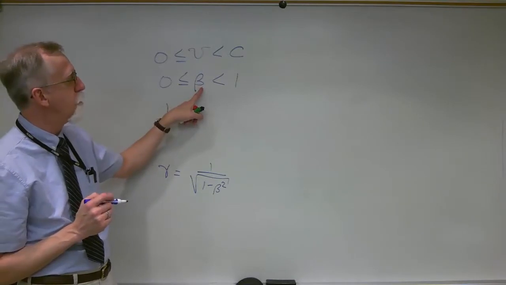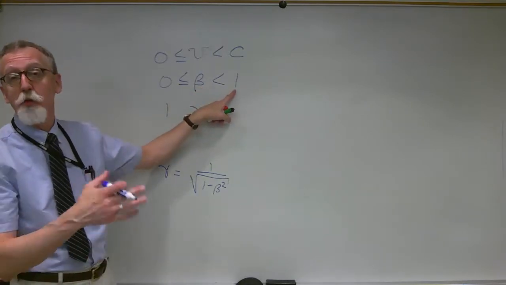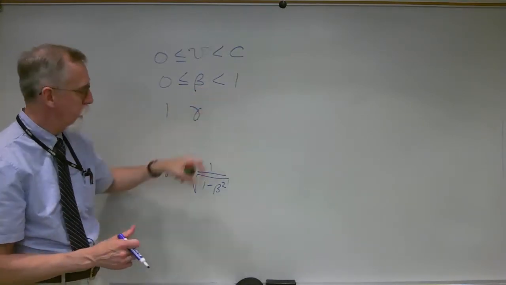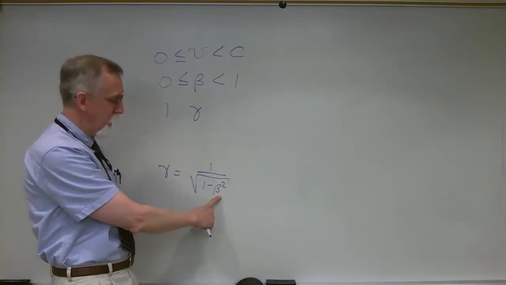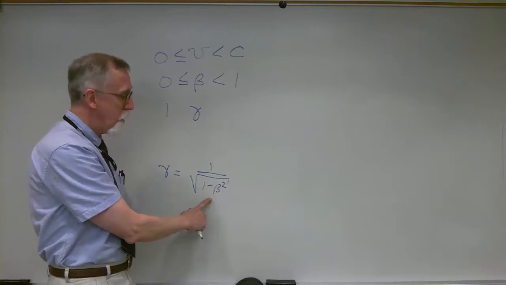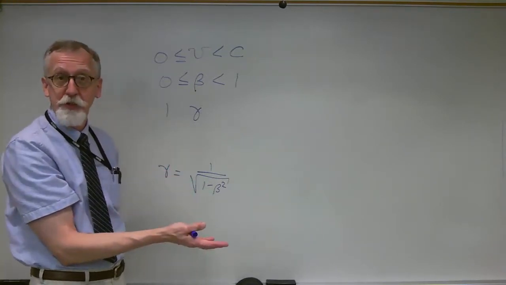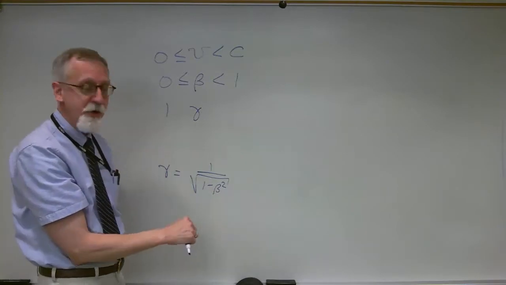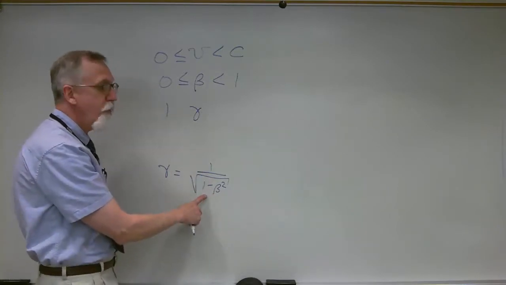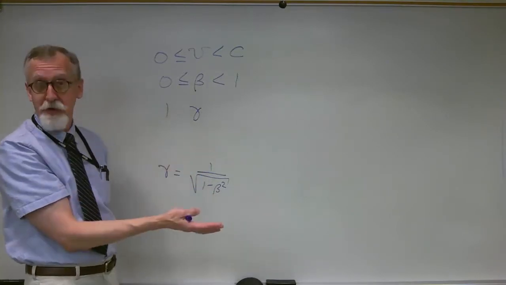Now, what happens when beta gets large, in other words, starts approaching 1? Well, we'll have 1 minus a number that's close to 1. As beta increases, 1 minus beta squared will approach 0. It'll get small. We'll take the square root of that. We're talking about another small number. 1 over a small number is a big number.